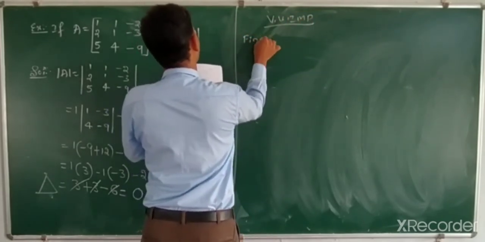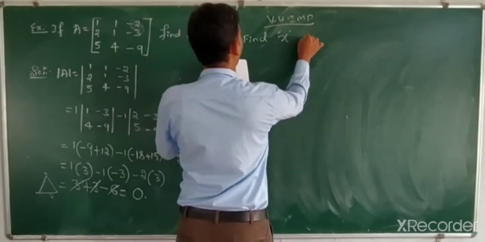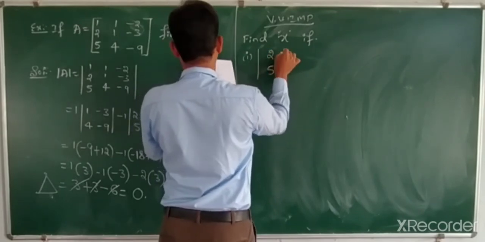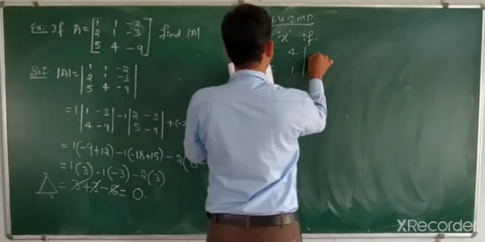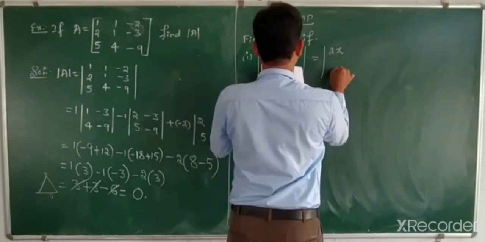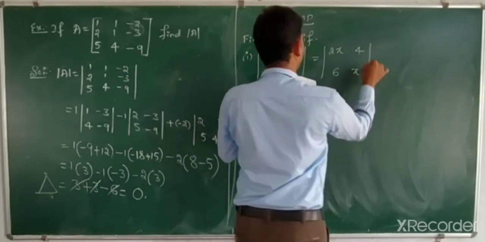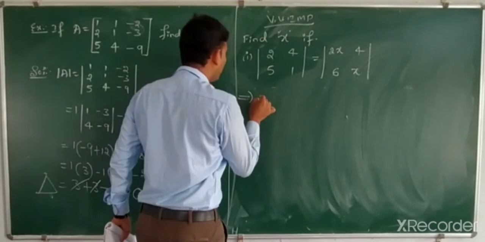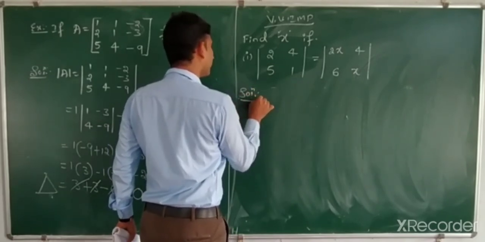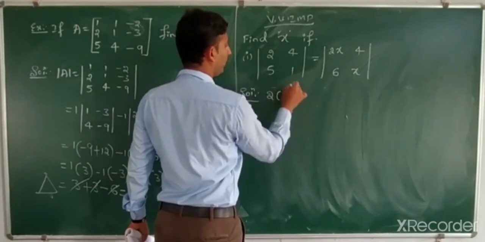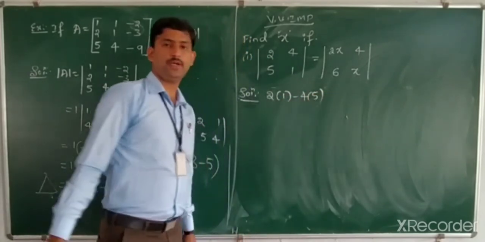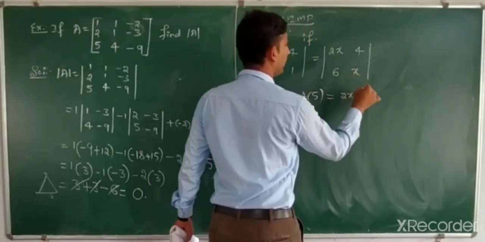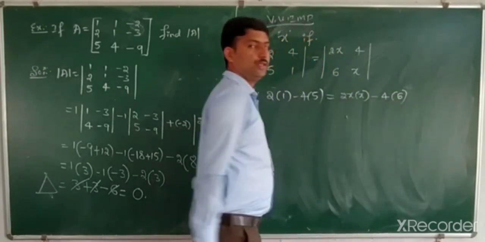Find x. If |2 5; 4 1| equals |2x 6; 4x 2x|... Solution: 2 into 1 minus 4 into 5 is equal to 2x into x minus 4 into 6.